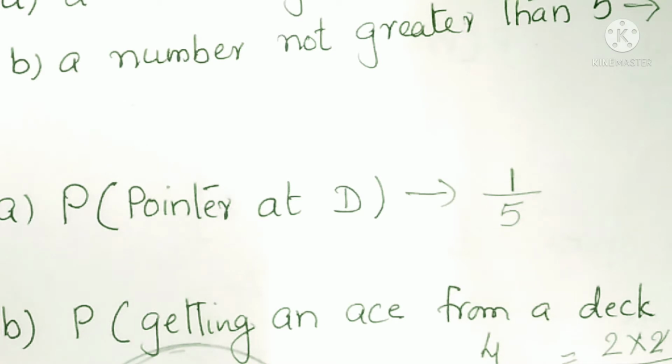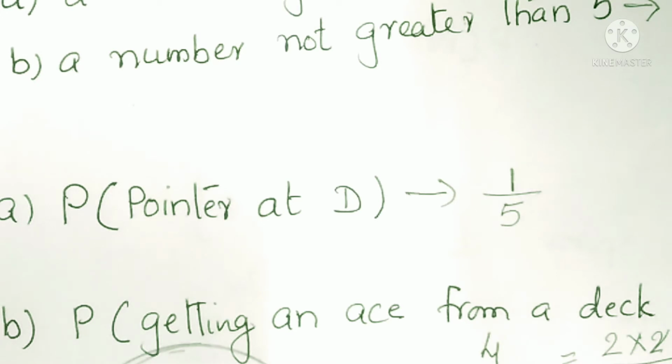There are two sets of black colored cards and two sets of red colors. Which are the two? In black color you can see spade and clubs, and in red color diamond and heart.